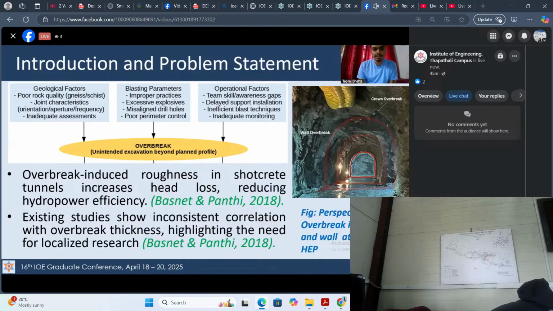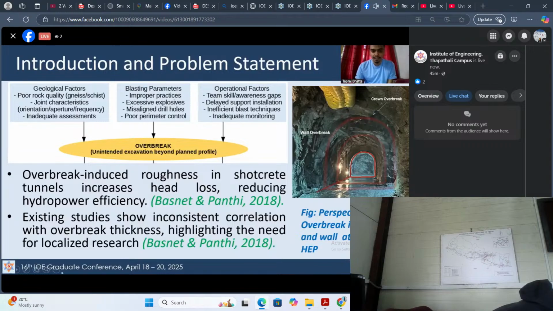For blasting parameters, improper practice, excessive explosive, misaligned drill holes, and poor parameter control can be the cause of excessive overbreak. And operational factors, mainly the skill of the team involved in the excavation of the tunnel, delayed support installation, inefficient blasting techniques and inadequate monitoring can be the cause of overbreak.